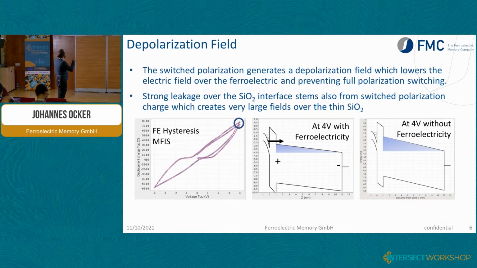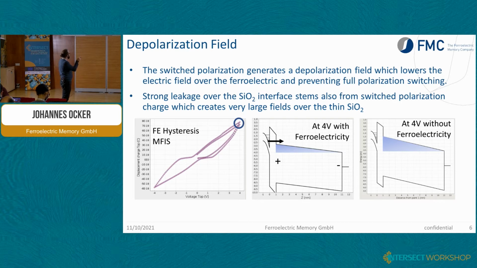Okay, this depolarization field is again shown here. This is the same hysteresis, just a little bit zoomed in. And this is here the band diagram of the structure with ferroelectricity, and without ferroelectricity. So this is the silicon dioxide, and this is the ferroelectric layer with a positive sheet charge here, and a negative sheet charge here.